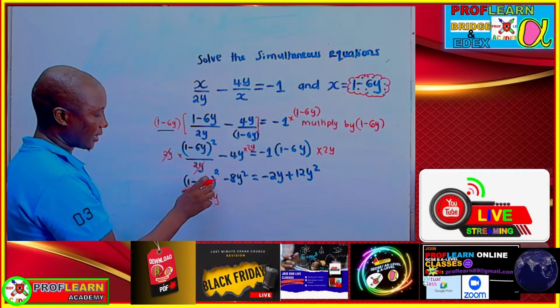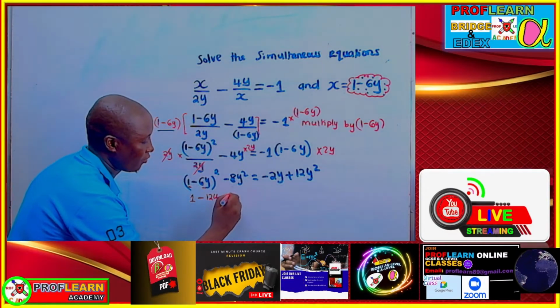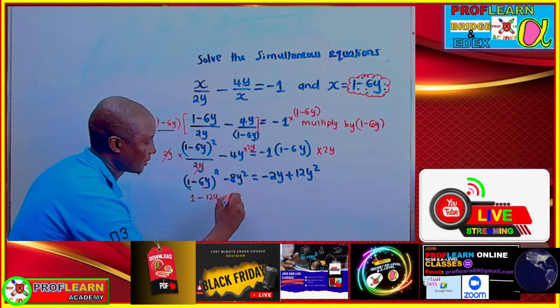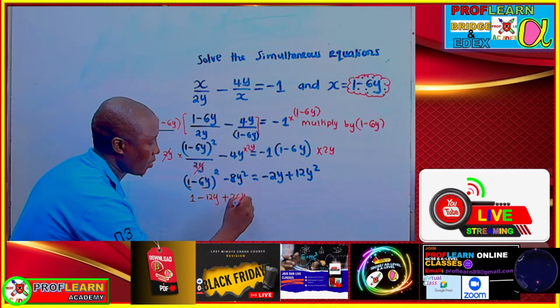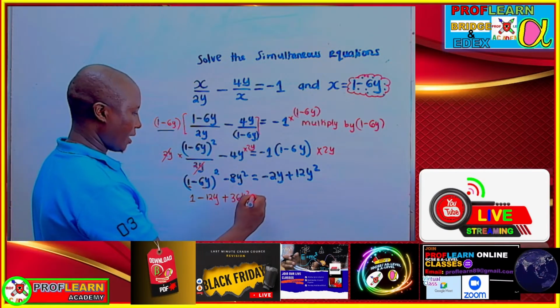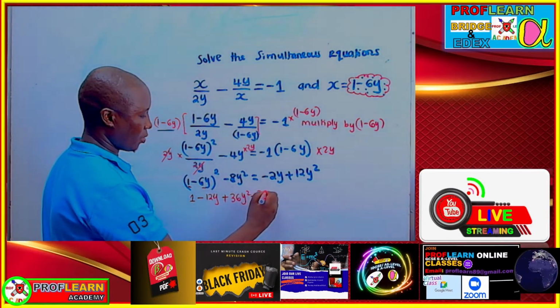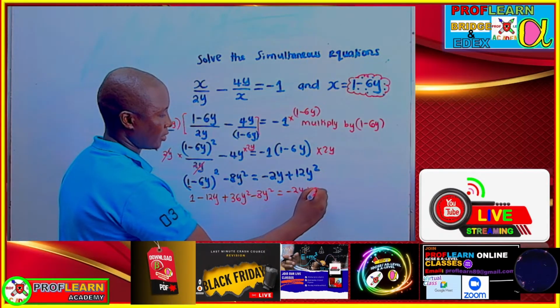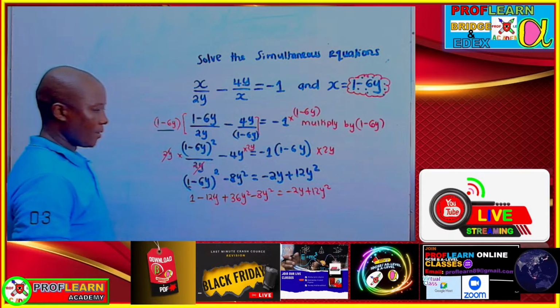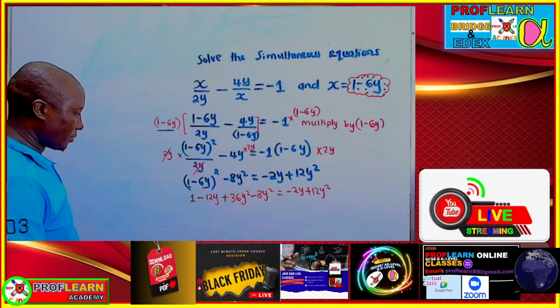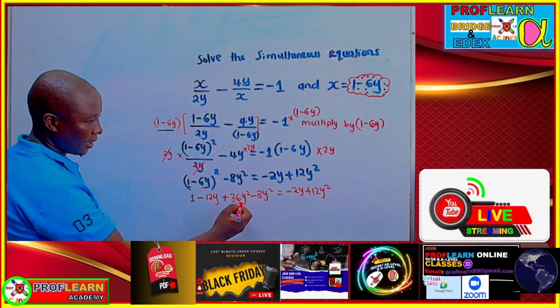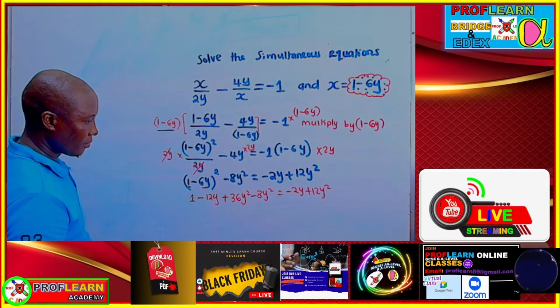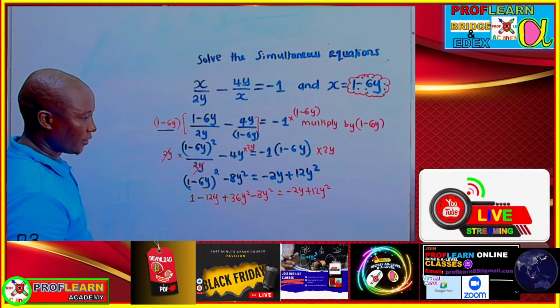Square this term that we have there. We shall have plus 36y squared. Then we have minus 8y squared is equal to minus 2y plus 12y squared. Now, if we put the like terms together here, we shall have this translating to 24.